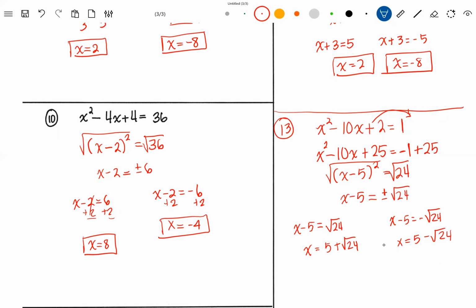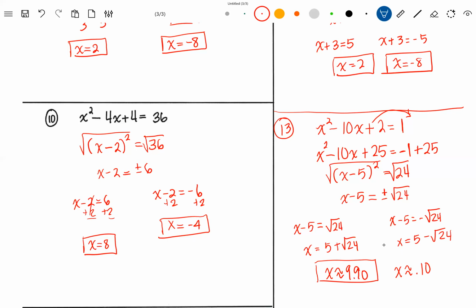So 5 plus square root 24 equals, and that's about 9.90. And then 5 minus square root 24 is about 0.10.